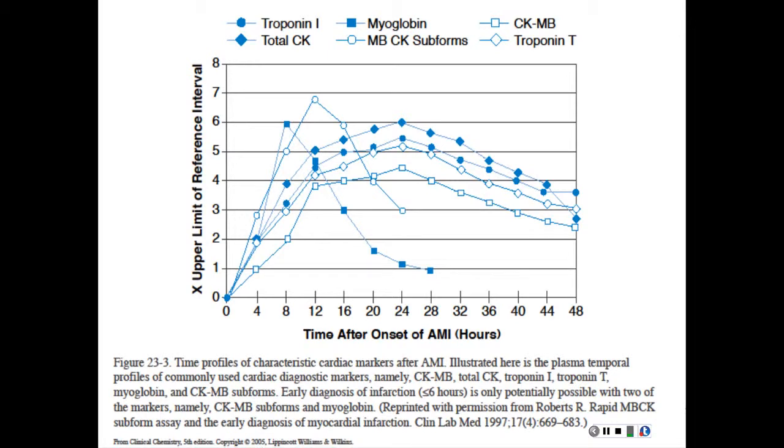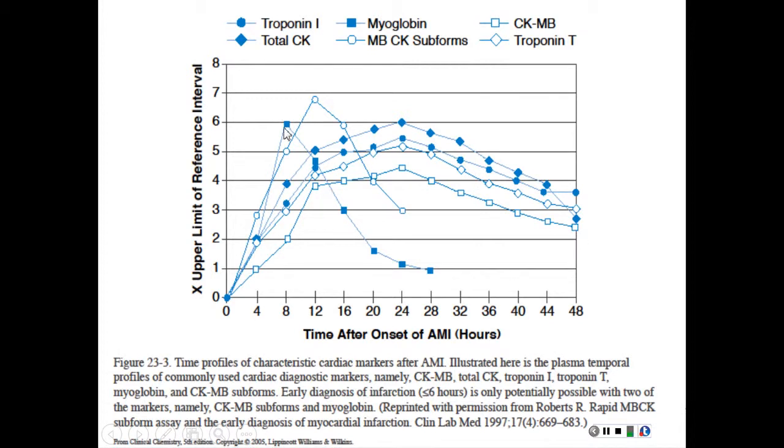This graphic, which is in your textbook, will show you troponin I and troponin T, along with total CK, CK-MB and myoglobin. What we're interested in on a timetable shows us how they all begin to rise, and some peak earlier than others, and then some of them stay elevated longer, and then they begin to dissipate.